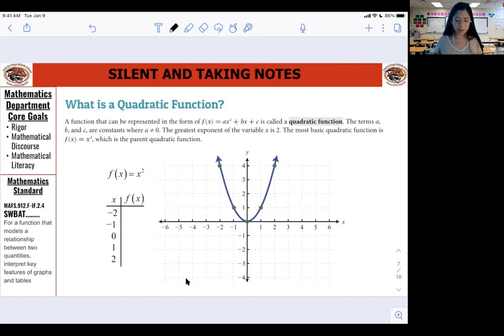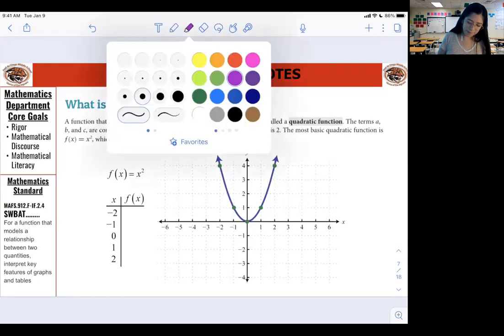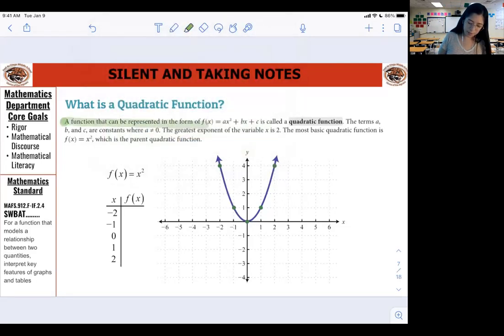Can I get a volunteer to read what is a quadratic function? Are we writing this down? Yes, ma'am. But who can start us off by reading?